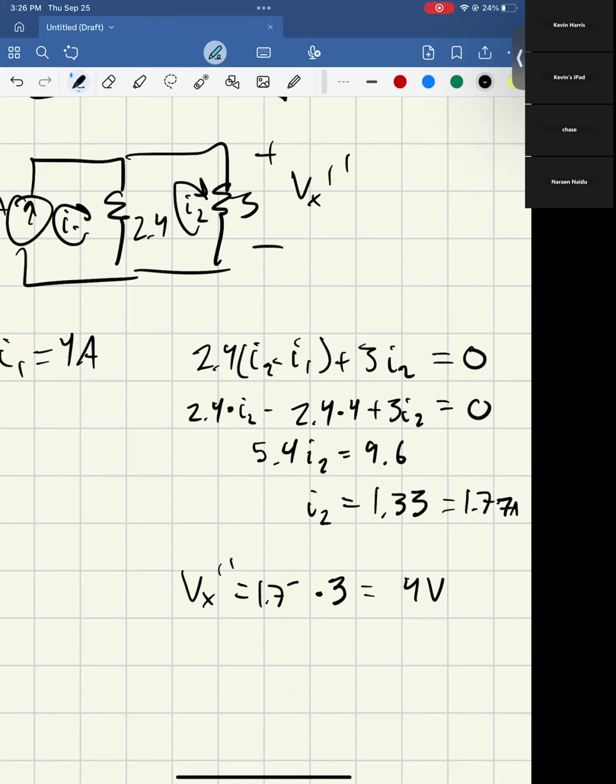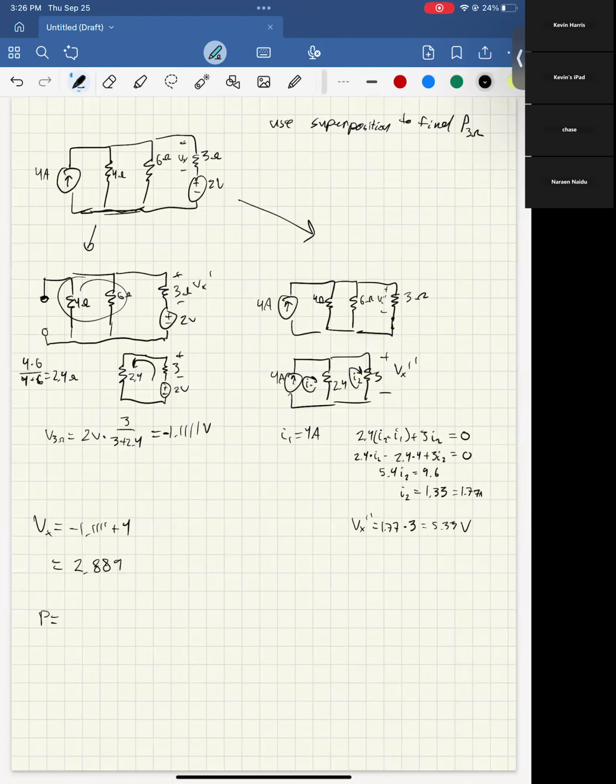And then if we do this, we get a different number, 5.33 volts. And then we do this. Yeah, okay. There we go. So we get 4.222, and then it's going to be 4.222 squared over the 3 ohms, and that will get us 5.94 watts.